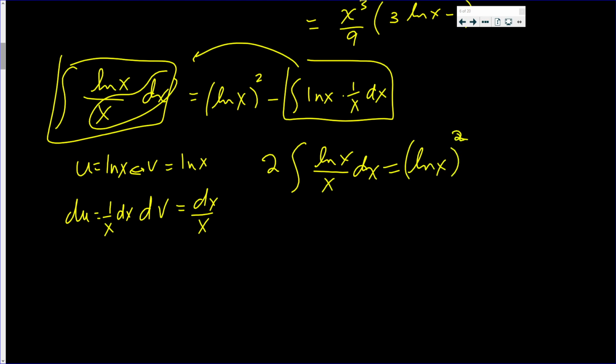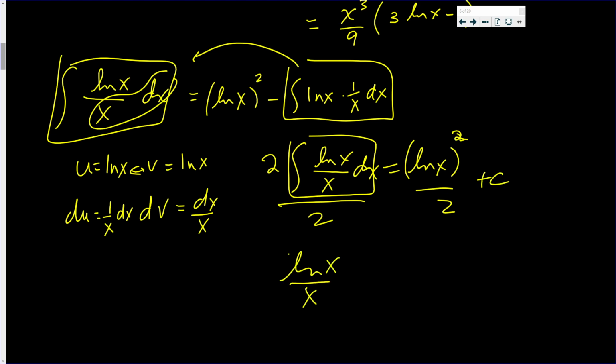But I was only asked to find out what this is. Oh, you mean you don't want 2 of them? Fine. You're a headache. I'll divide by 2 for you. So the integral of ln of x over x dx is ln of x all squared over 2 plus c. That is that integral.